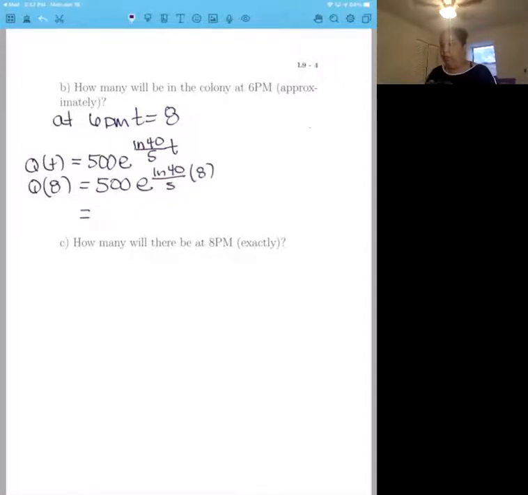All right, and we are going to plug that into our calculator. And again, make sure you get enough parentheses in here. 8 times natural log of 40 divided by 5.